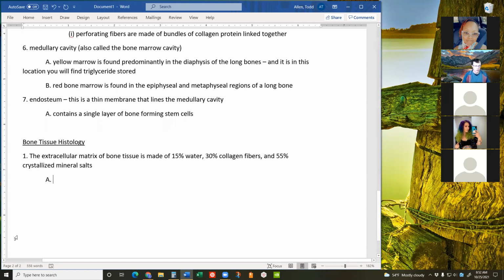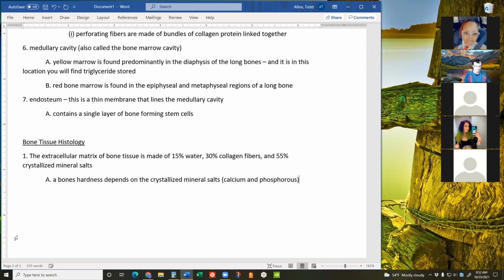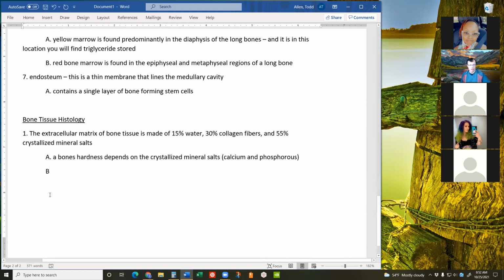So a bone's hardness depends on the crystallized mineral salts, the crystallized calcium and phosphorus. Okay, so the first feature of bone extracellular matrix is the hardness.